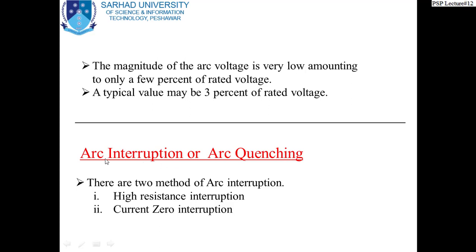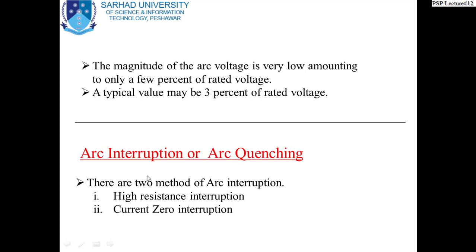Now, gentlemen, this topic, the arc interruption or arc quenching, is very, very important because it provides the base for how we interrupt the current or how we arrange the arc quenching effect. This is the basis for the design and construction of circuit breakers.